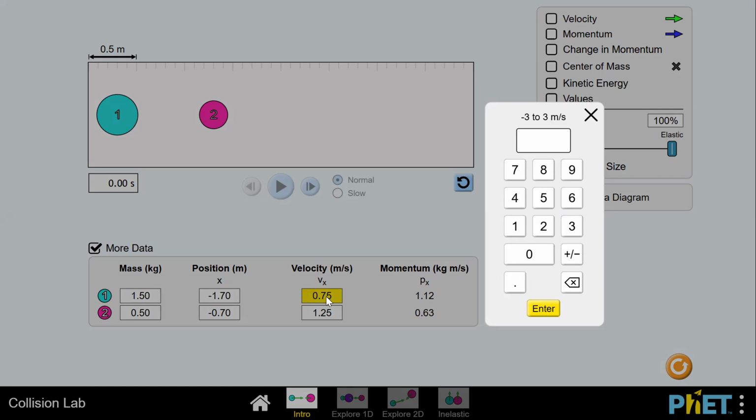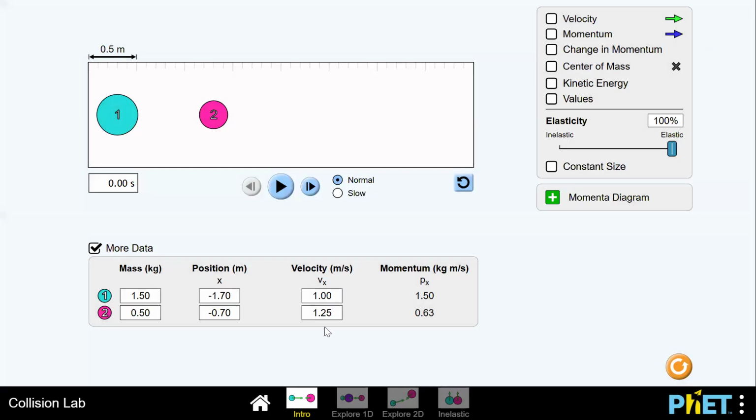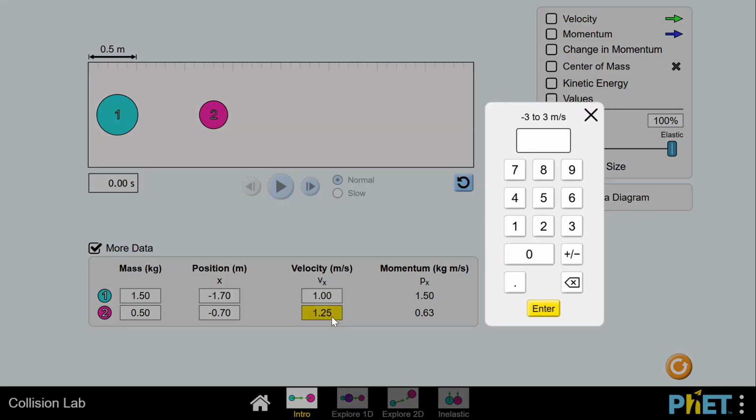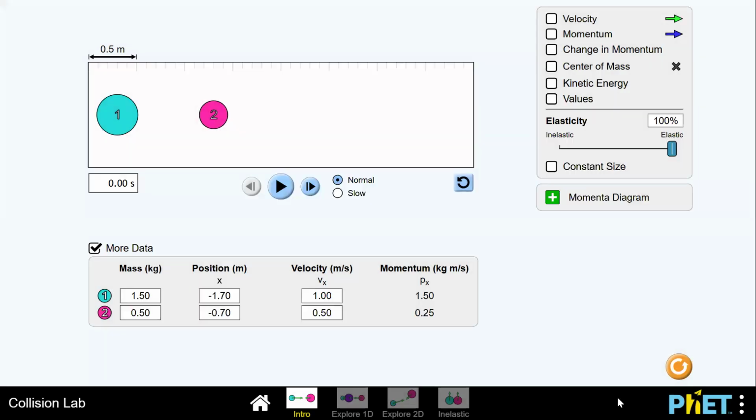I already told you that the first object, A object, will move a little bit faster than the second object, so that collision will happen. That's why I am changing that velocity to 1 for the first object. For the second object, it should be slower, 0.50 meter per second. So first object mass 1.50. You can check the sideways side board.